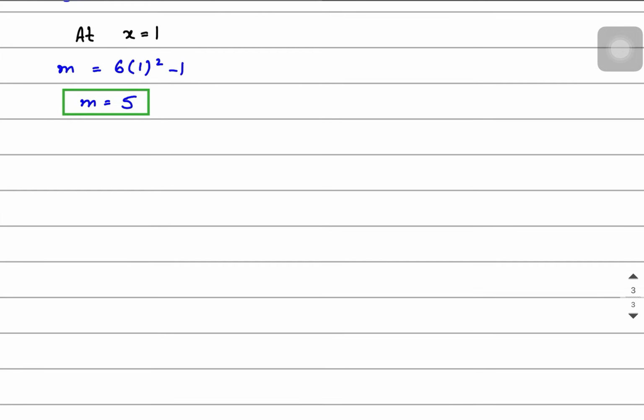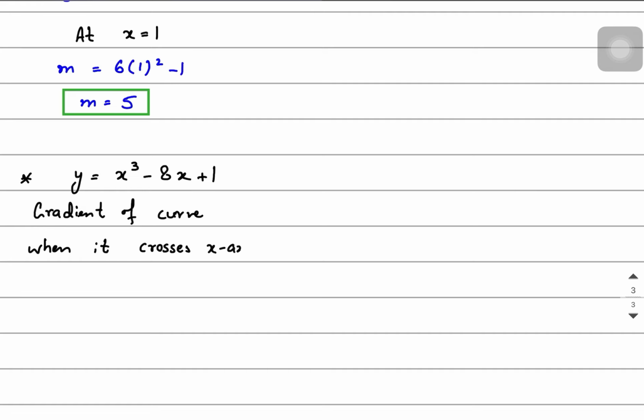Okay, let's say we have a curve y equals x cube minus 8x, and I want you to find out the gradient of the curve when it crosses the x-axis.